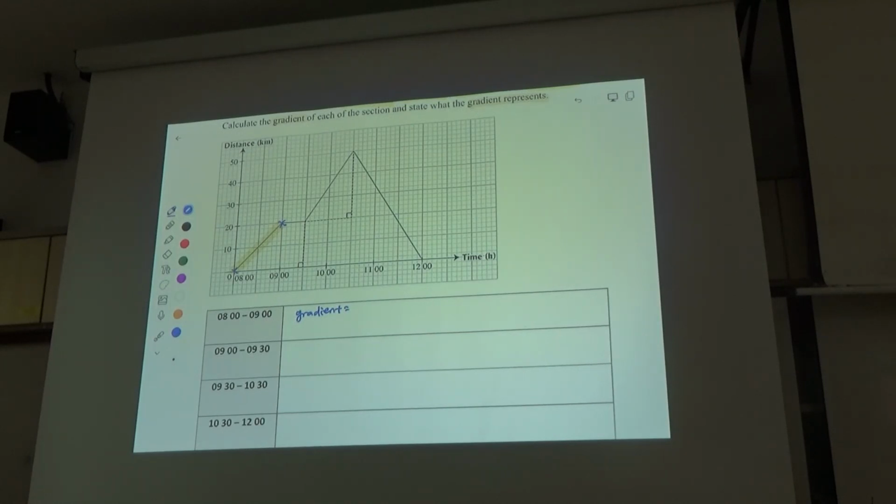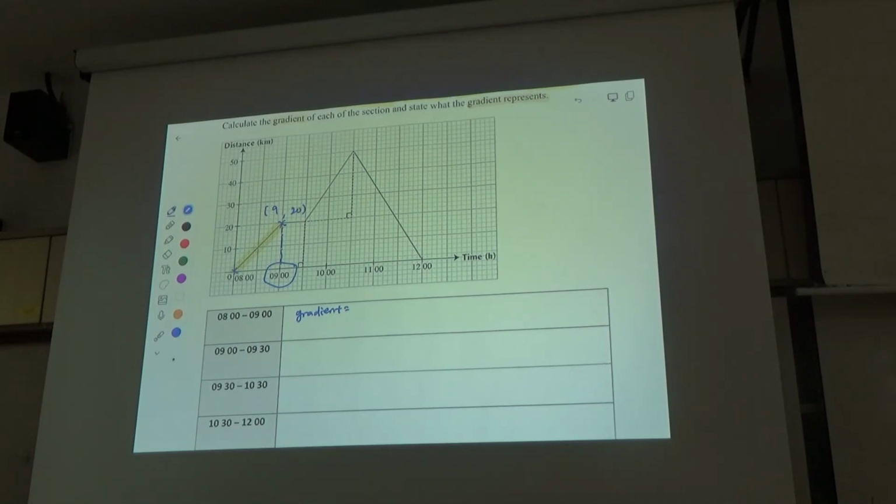So for the gradient itself, understand the coordinates over here first. Reading the x coordinate may not be a meaningful task because the x coordinate is a time value, it is not a number. So you cannot say that the x coordinate is 9, because this is a time value. It is not going to be meaningful to say that down here the x coordinate is 9 and then the y coordinate is 20, because that's not true.